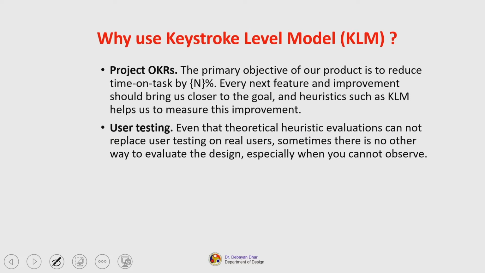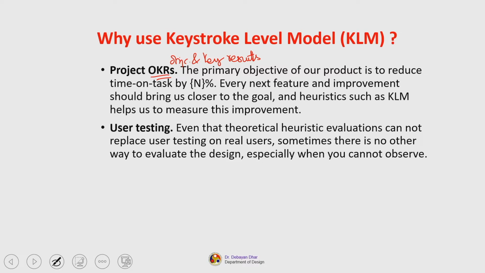Third, project OKRs means project objectives and key results. Okay. OKRs means objectives and key results. So, the primary objective of our product is to reduce time on task. See, what is that primary?